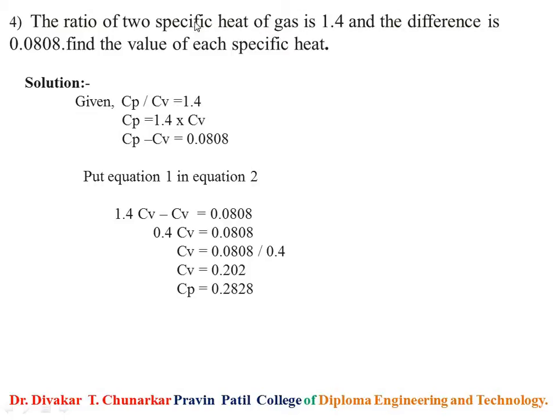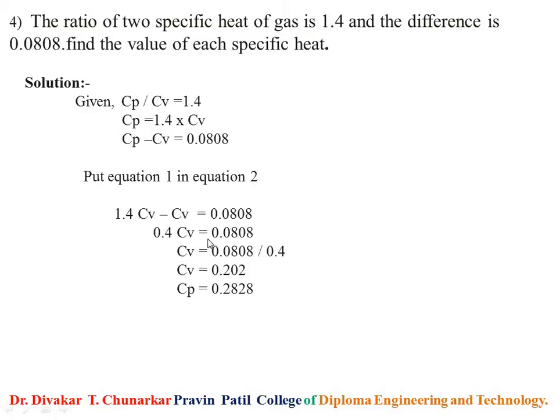The ratio of the two specific heats of a gas is 1.4 and the difference, that is Cp minus Cv, equals 0.0808. So putting equation 1 in equation 2, 1.4 Cv minus Cv equals 0.0808.